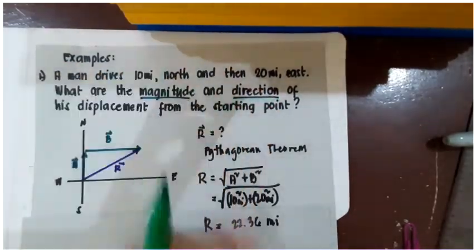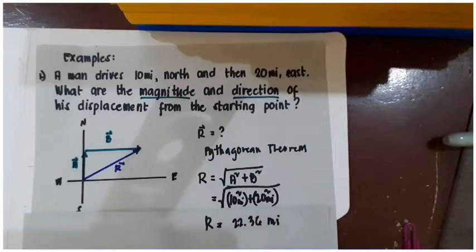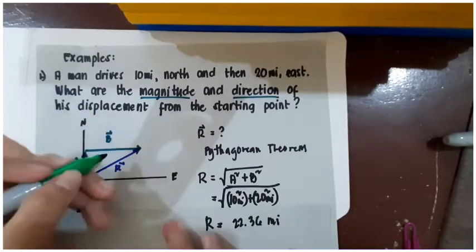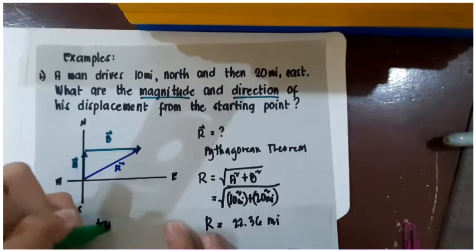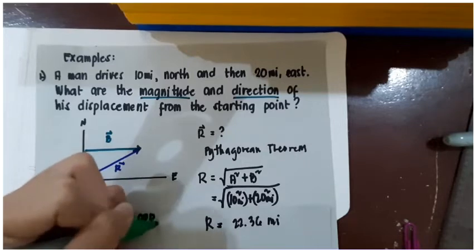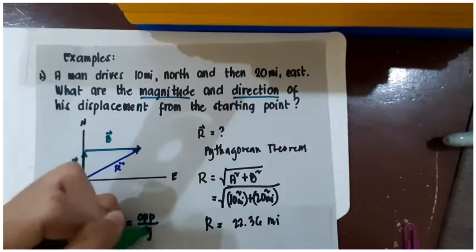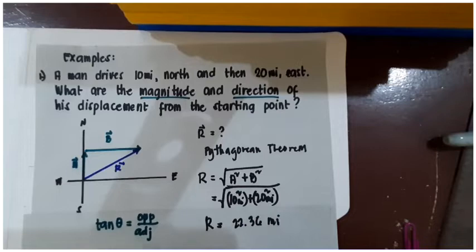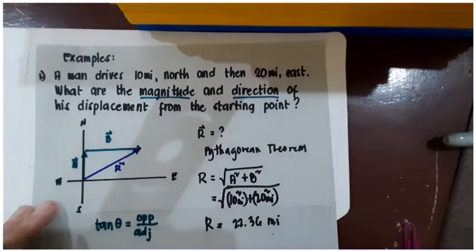We are now going to look for your direction. So how to solve for your direction? We will use tan theta is equal to opposite over adjacent. That's your TOA from your SOHCAHTOA. You can also use your SO and then your CA since we have the hypotenuse, which is your 22.36 miles. But in this case, I will just use the tangent.